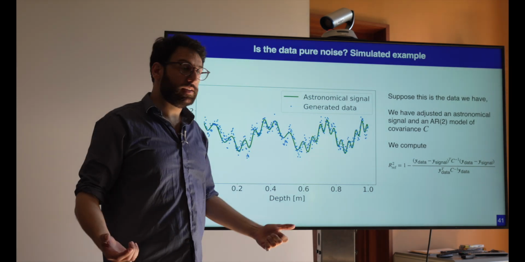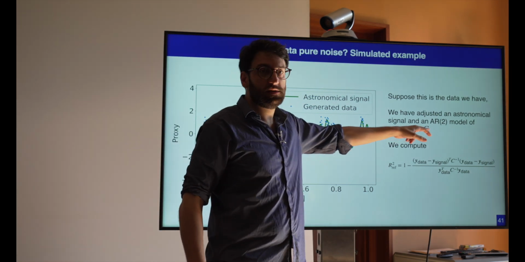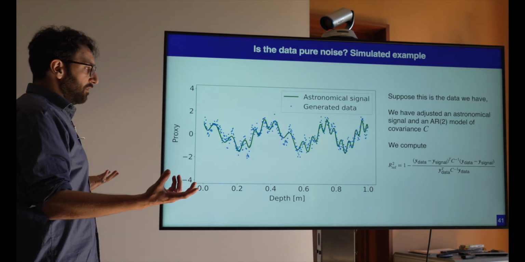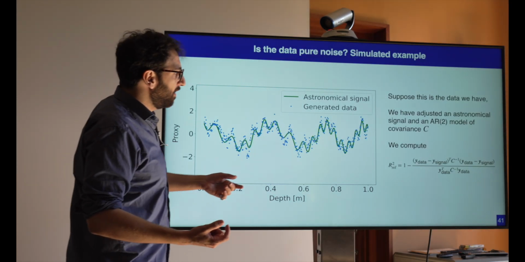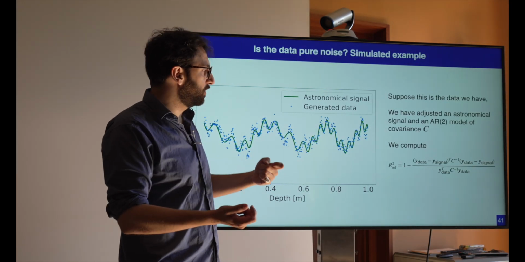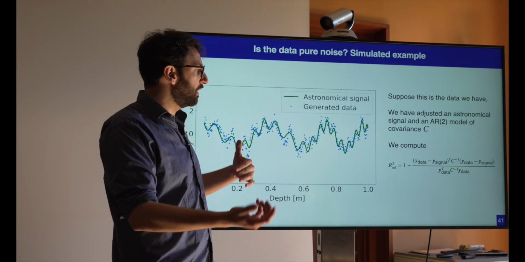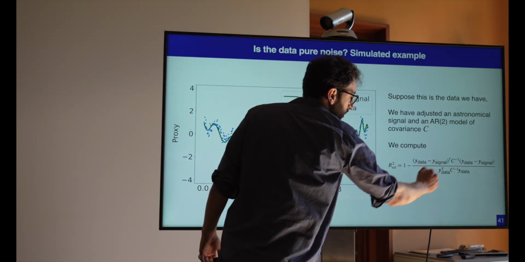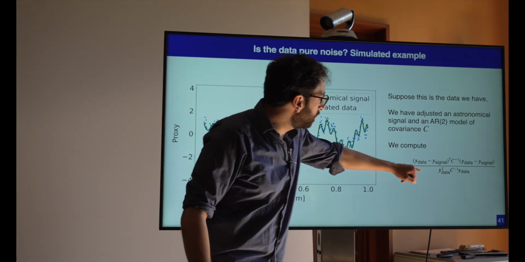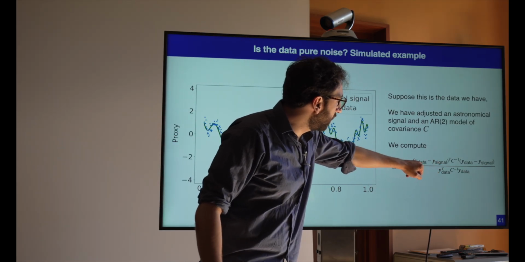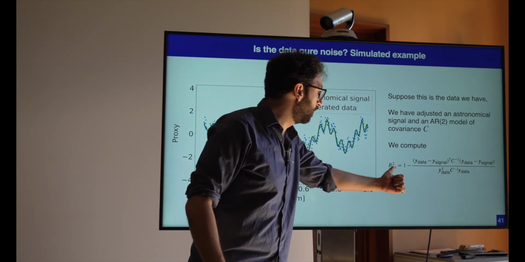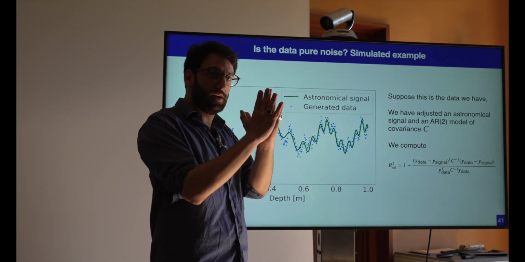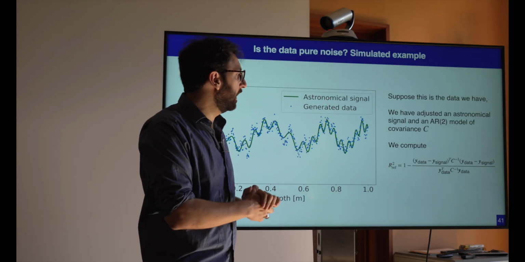We also have fitted a noise model with a covariance C. Now, with this fitted model, I'm going to compute a metric which gives me the agreement between the data and the signal, weighted by the noise. So the closer my astronomical signal is to the data, the closer this is to 1. So 1 means that I have a perfect agreement between my astronomical signal and the data.